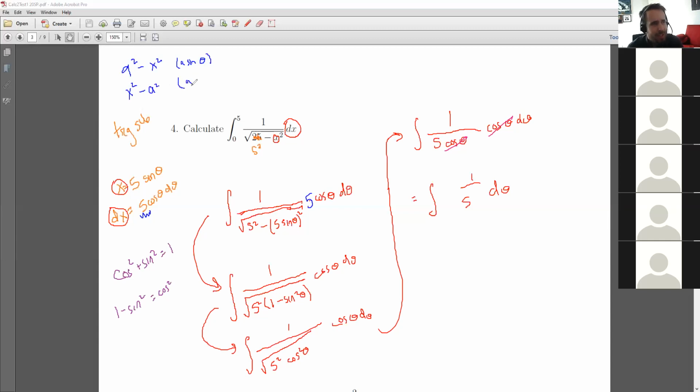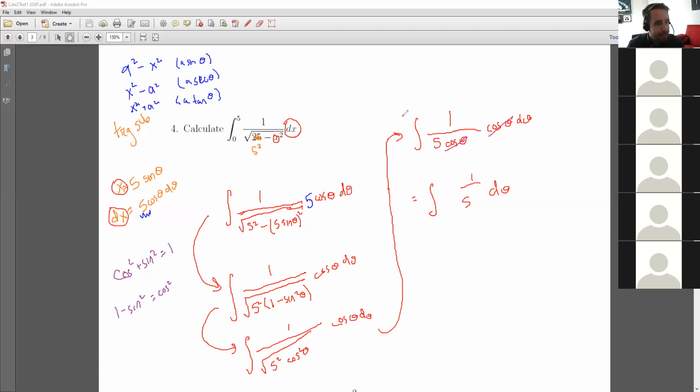I think we only saw one example, maybe 2 examples like that, where it was a secant theta. And then x squared plus a squared, the choice was a tangent theta. In general, I think the most important ones to know are the first and the third. Those come up reasonably often. But yes, so in this problem, it was that first one that we really focused on. So because of that structure, that's why we chose the 5 sine theta.